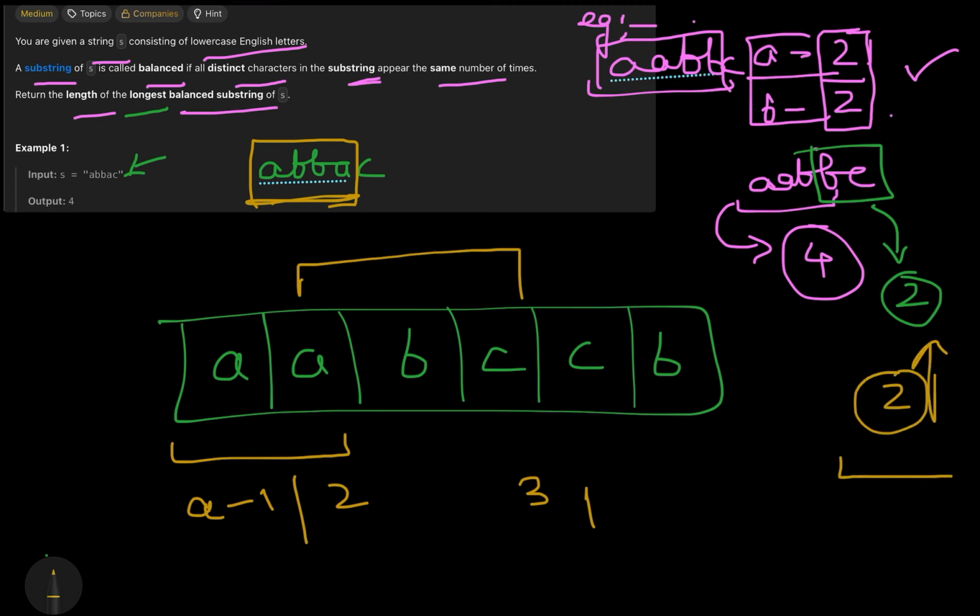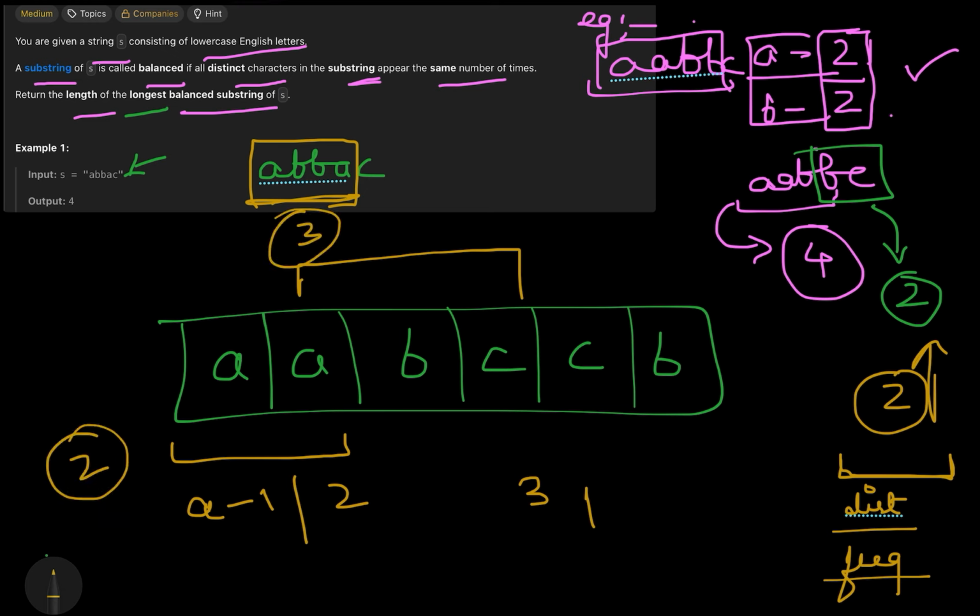The frequency may be 1 or 2, but it should be the same. We don't have to find the maximum frequency. We just want to find the longest substring where all the distinct letters have the same frequency. So this has length 2, this has length 3. And similarly, see this substring, what is its length? Its length is 4.